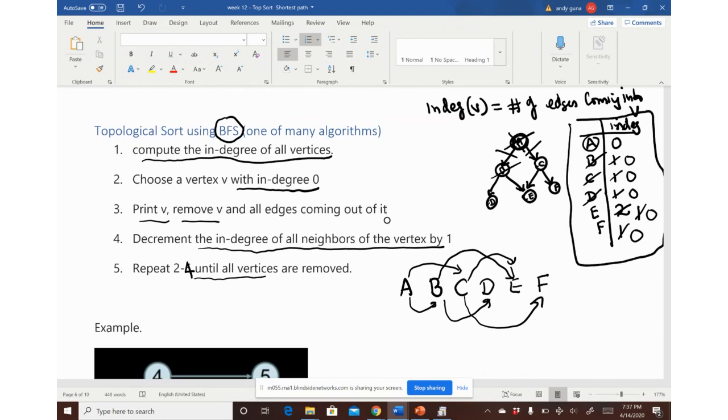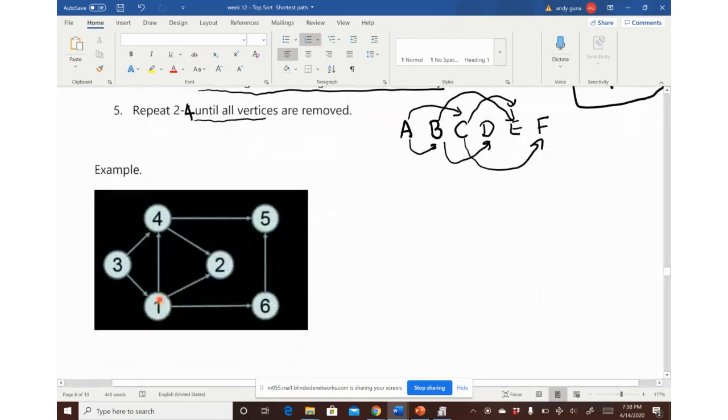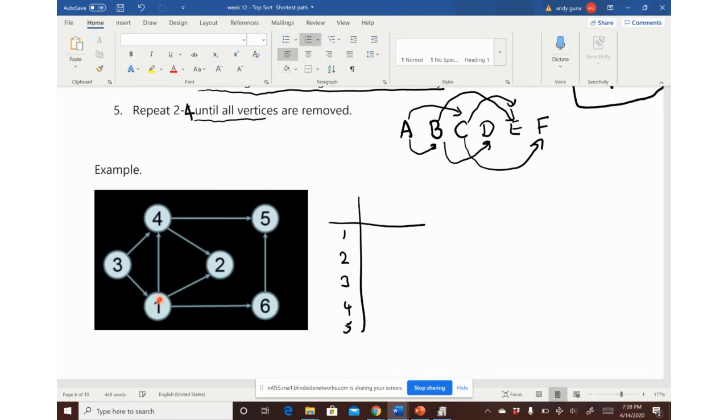Okay. So as an example, I would like you to complete this. Find a topological sort for this one. Maybe the nodes are 1, 2, 3, 4, 5, 6, and the in degree. Okay, so let's take a few minutes to do that.